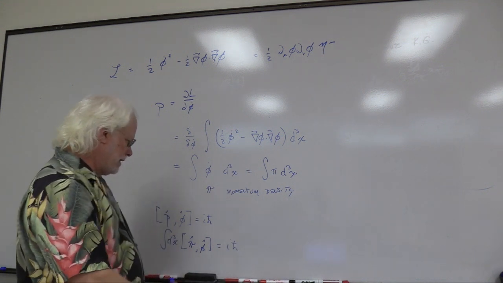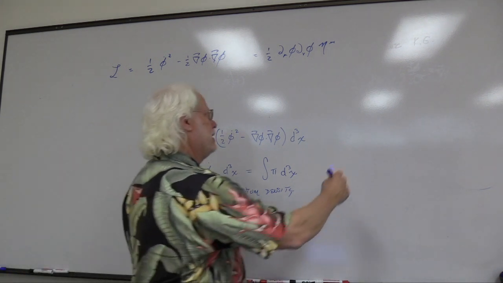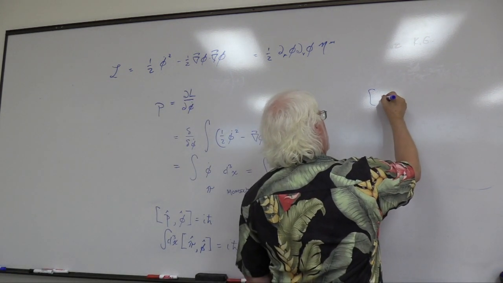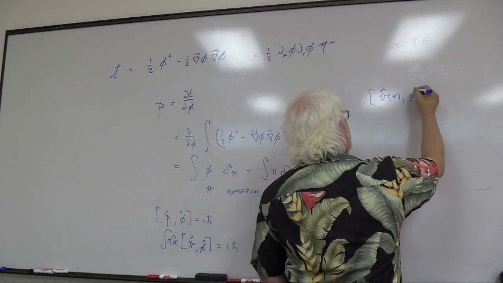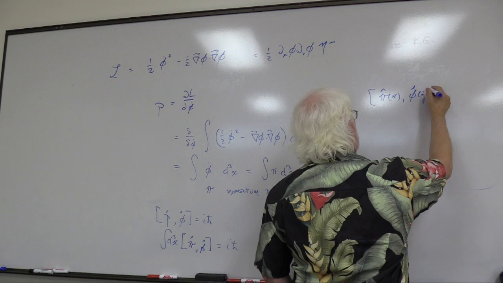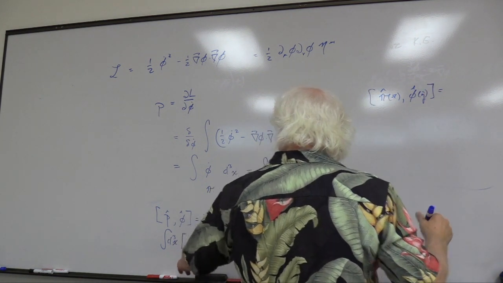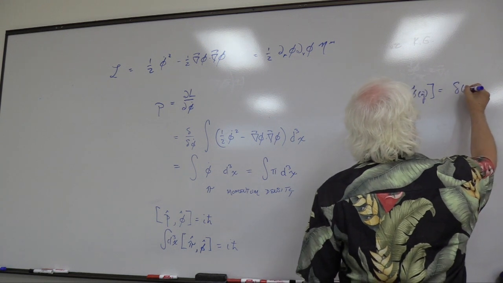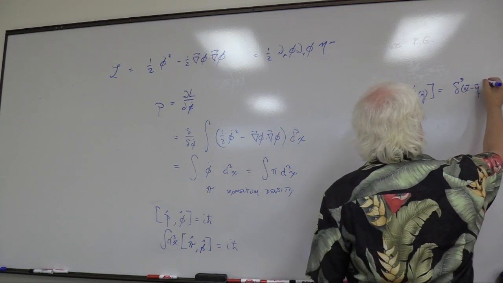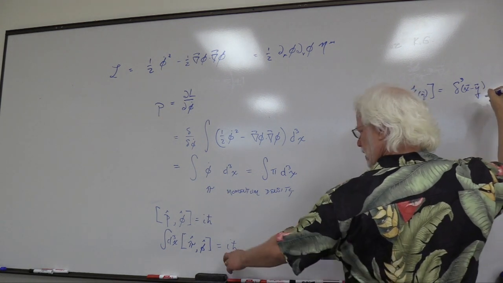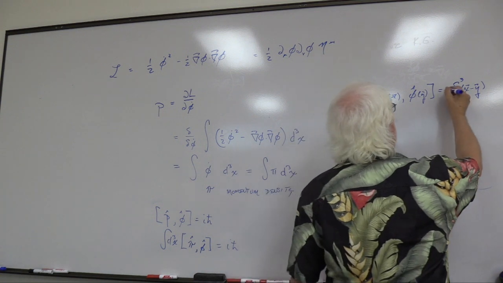So what we can do here is that this commutator of, say, pi hat of x with phi hat of y needs to be a delta function, delta 3 of x minus y. And then we still have the i h bar.